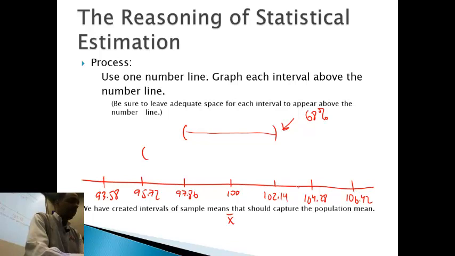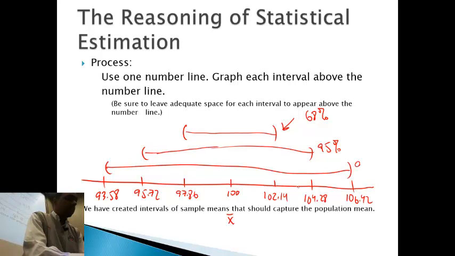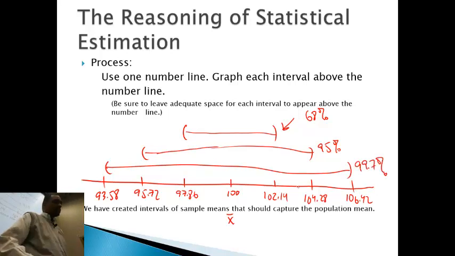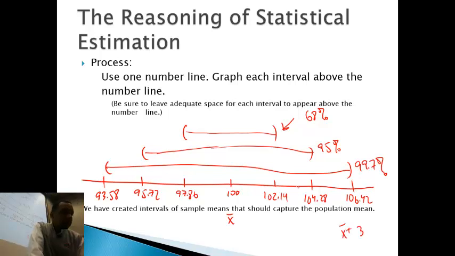The next interval went from here to here. And finally, so the range of IQ scores could bounce all over the place. But if you took a random sample of 49 people, their sample average should only bounce between 93.5 and 106.5.